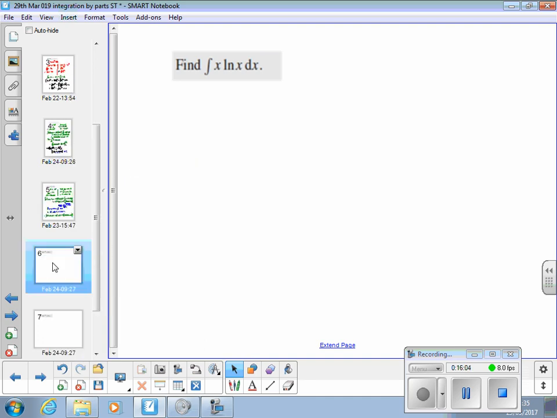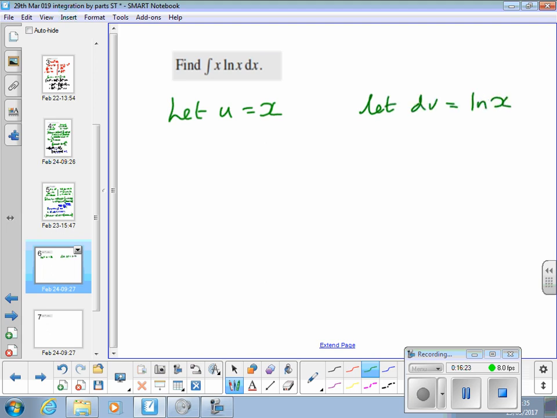Now, where would we start with that one? x ln x. Let u equal, let dv equal. Okay. So what is this side differentiated? 1, and therefore du is equal to dx. All agree?